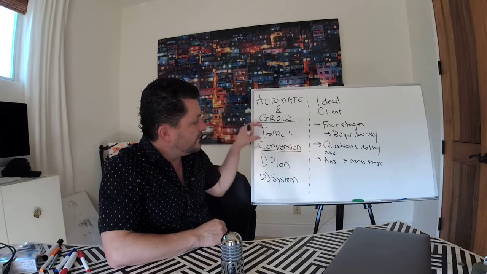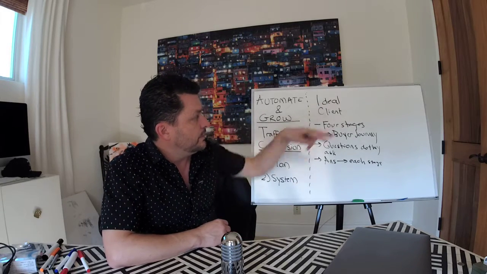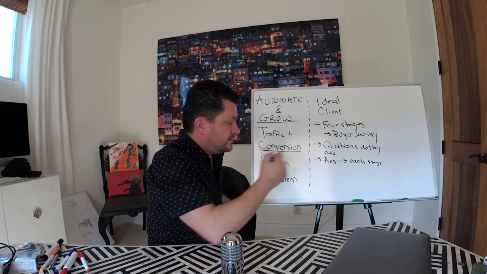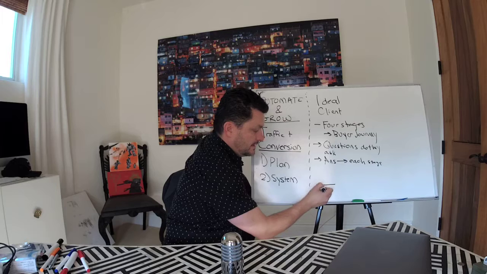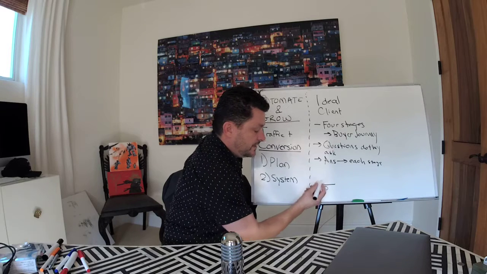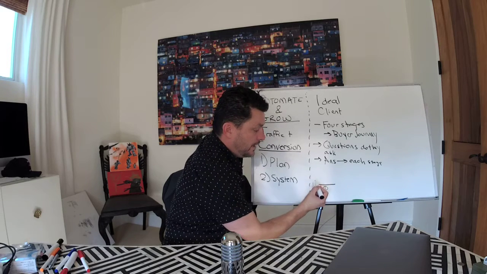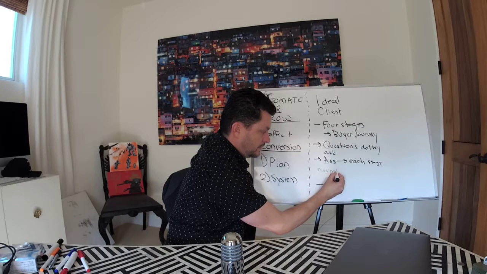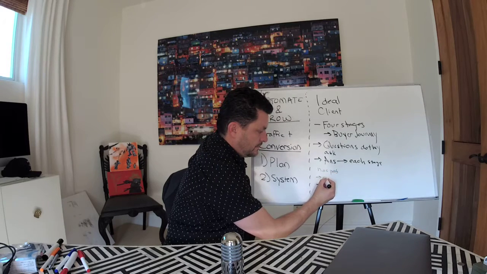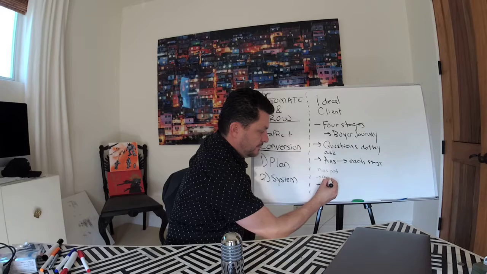So your traffic and conversion plan says, who are they, and what are the stages of their buyer's journey? There are 4 stages. I think the first stage of any buyer's journey is where a buyer has a problem, and let's say they're aware of it.